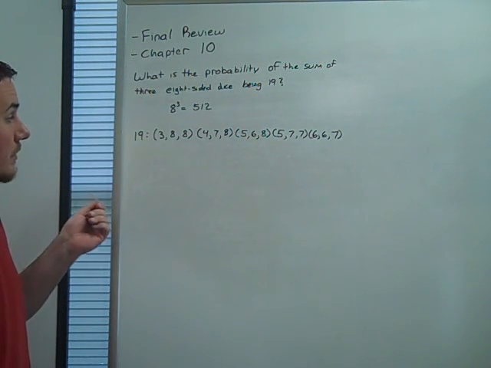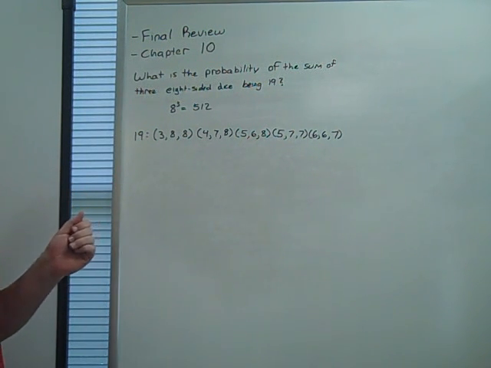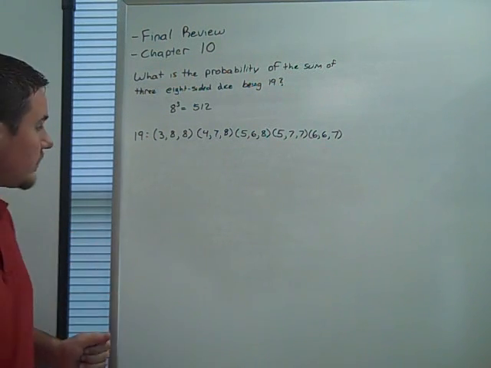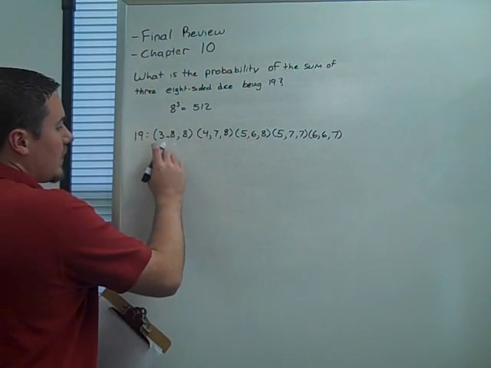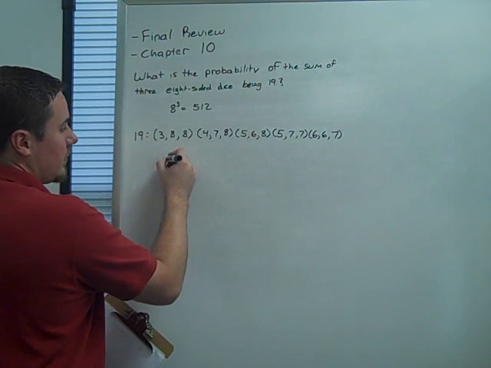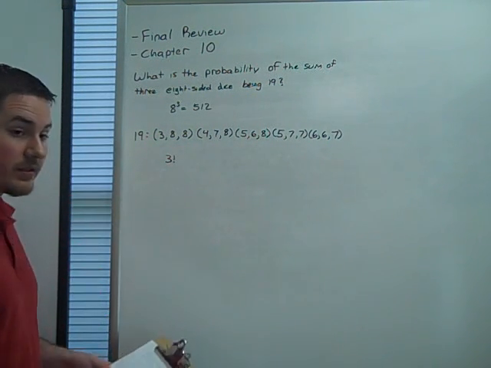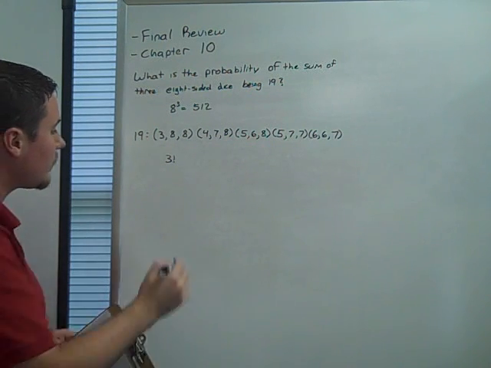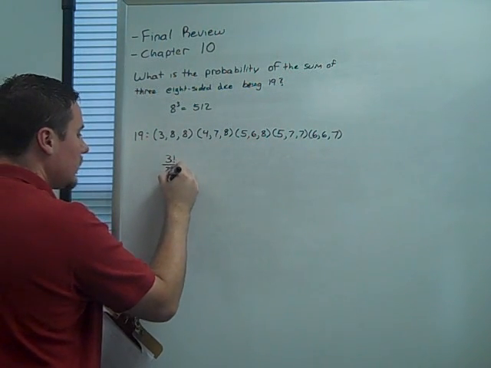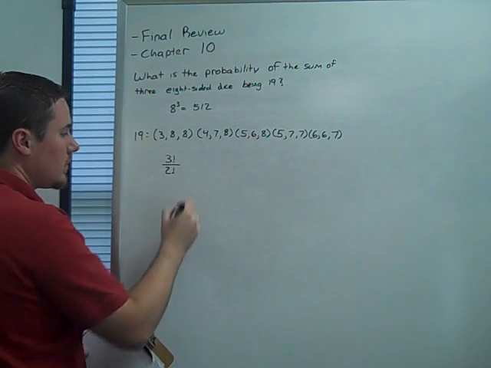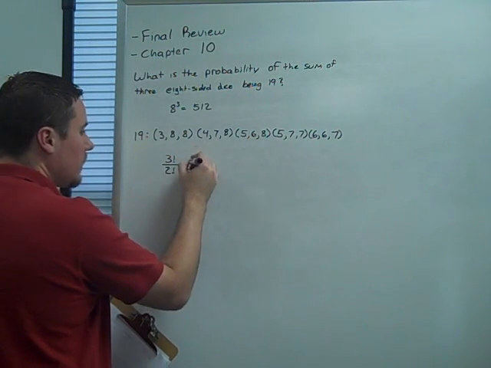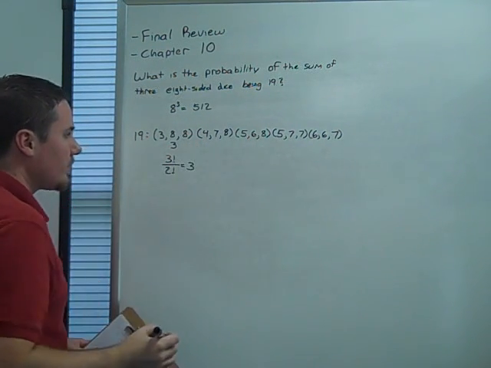How many times could we roll each triplet? Well, that requires permutations. This has 3 numbers, so we're inclined to say 3 factorial, or 6 ways to roll it. But 2 of them are duplicates, so I need to divide out the repeats. That's equal to 3. So there are 3 ways for me to roll this.